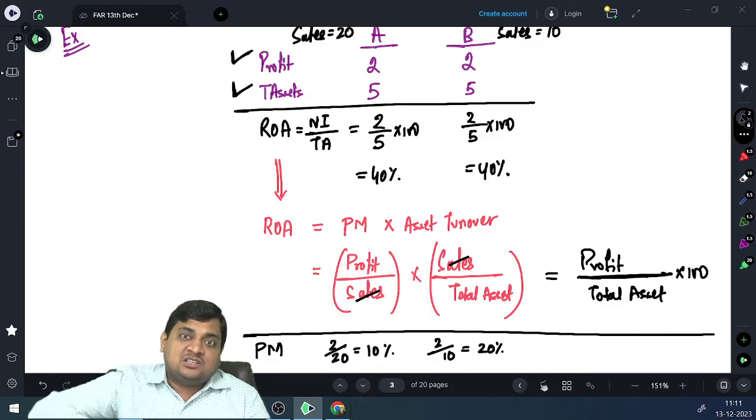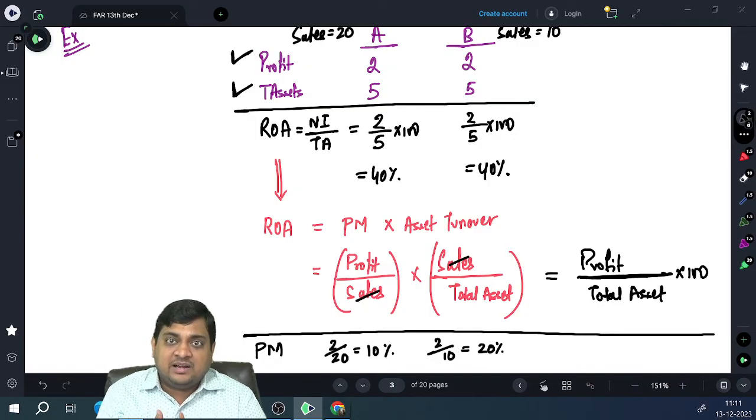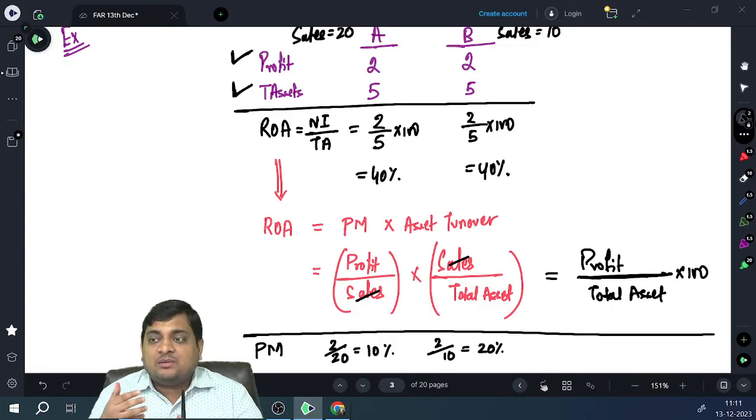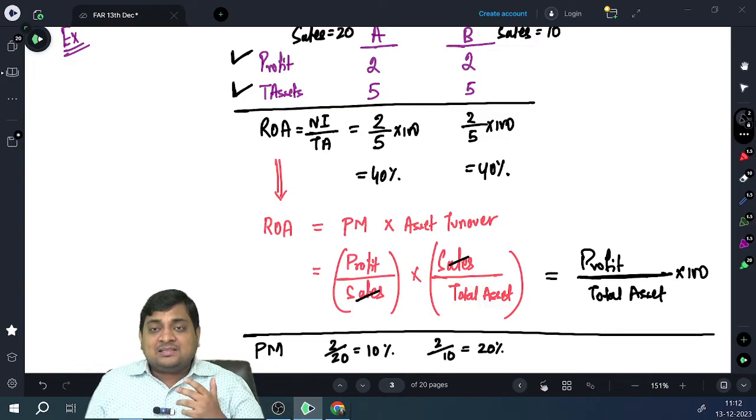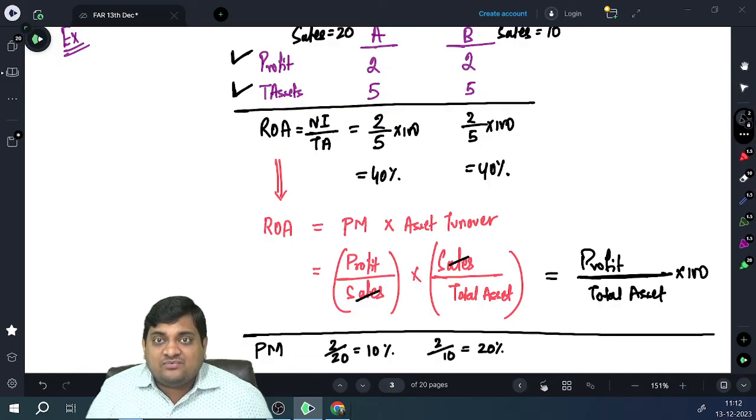Suppose last year the profit margin was 30%, and suddenly the profit margin has declined to 15%. So why has the profit margin declined? It will give the auditor some points which need to be further investigated, right? So this financial statement analysis is not only important for FAR, but also very important for audit as well, right? So you need to remember this point very clearly.